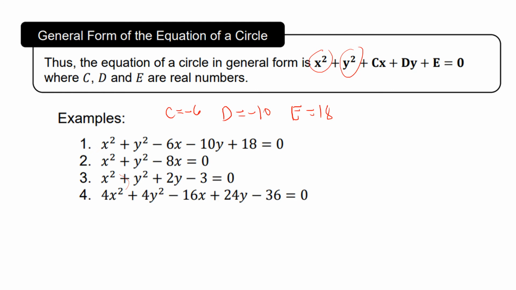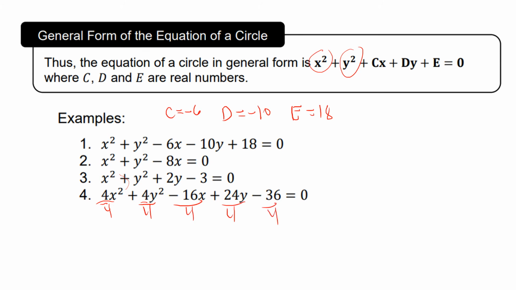Okay, so number 3 example is x squared plus y squared plus 2y minus 3 equals 0. So wala naman yung cx or yung may x dito. Well, sa number 4 nga, sabi ko kanina, you are given 4x squared plus 4y squared minus 16x plus 24y minus 36 equals 0. So, kompleto siya. Kaya lang, if you notice, merong numerical coefficient na 4. So, what you are going to do is just to divide all the terms by 4.